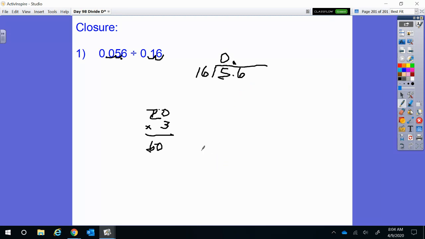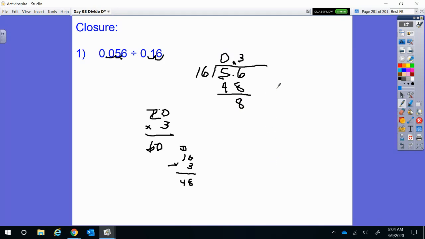So let's see what 3 times 16 is. 3 times 6 is 18. 3 times 1 is 3, plus 1 is 4. That's 48. That gets me there. So that's 3. 3 times 16 is 48. Don't worry about the decimal point at this point. You've already taken it into account there. That's 8.